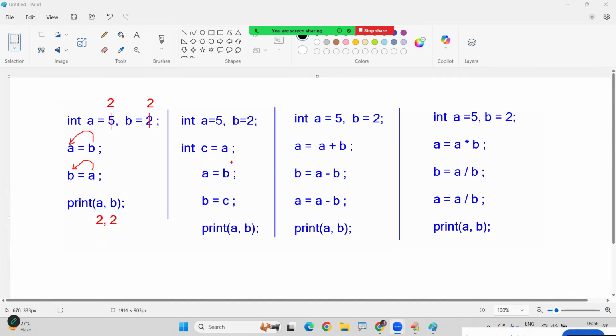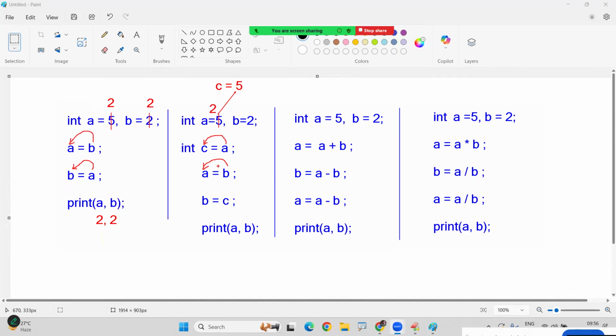And now look at this. a value you are storing into c. Taking one extra variable, a value is stored into c. b value you are storing into a. What is b value? 2, storing into a.